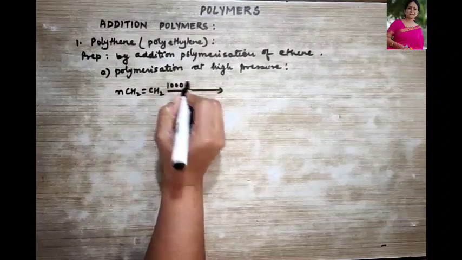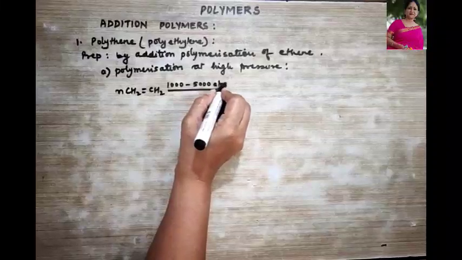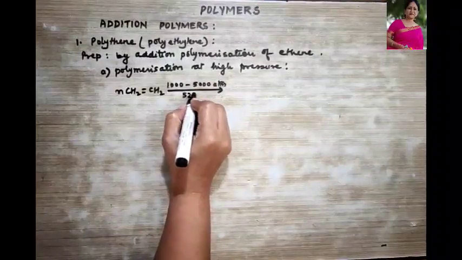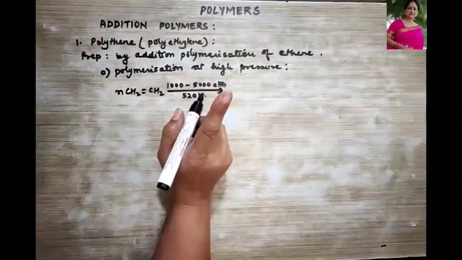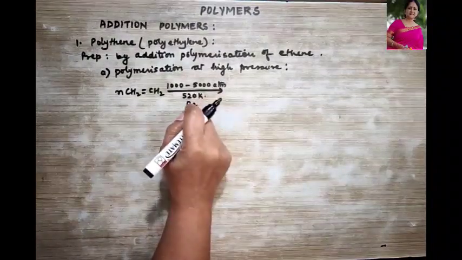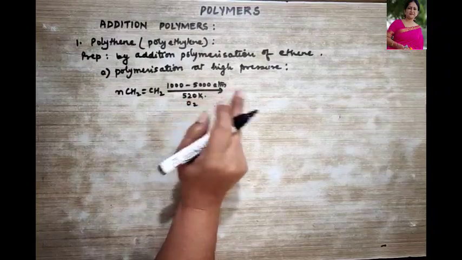What is the high pressure? 1000 to 5000 atmosphere. What temperature? 520 Kelvin, in the presence of a trace amount of oxygen, that is O2. This acts as a free radical initiator, and what do we get?